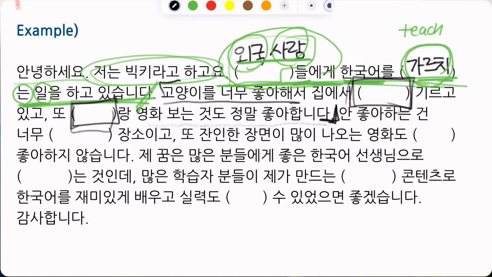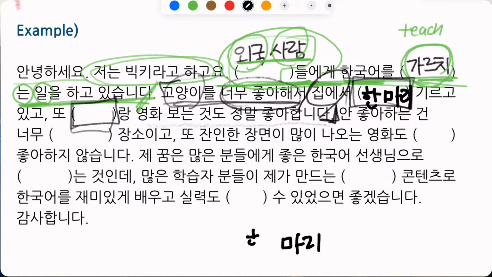일단은 고양이를 너무 좋아해서 고양이 cat I like it very much. So 집에서 at home I said 한 마리 기르고 있습니다. 마리 is a counter for animals. And I said 한 마리. So it's one animal. And I didn't have to specify 고양이 because it's obvious that it's cat.